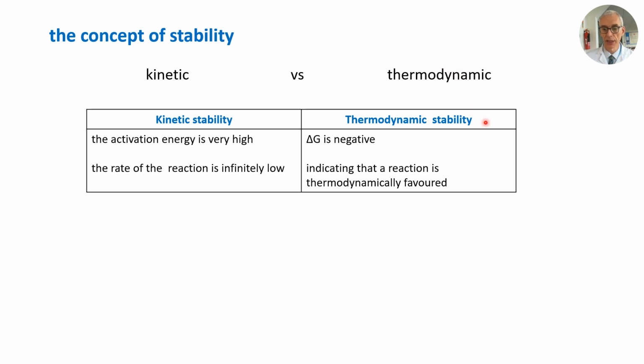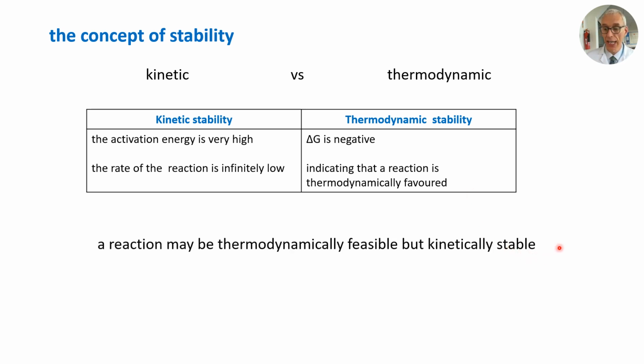Thermodynamic stability is determined by whether delta G is negative. If delta G is negative, then that would indicate that a reaction is thermodynamically favoured, energetically favoured. However, a reaction may be thermodynamically feasible but kinetically stable.